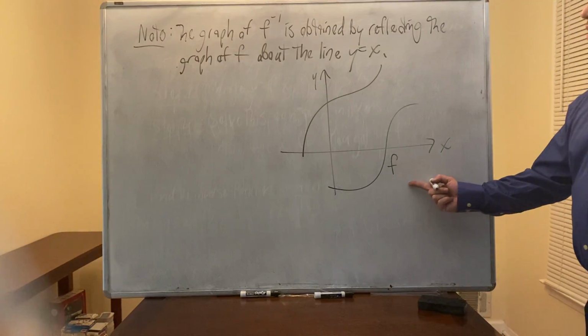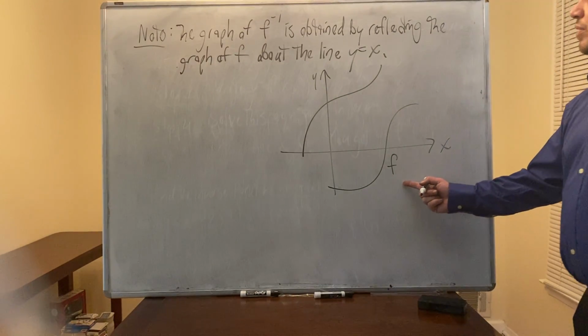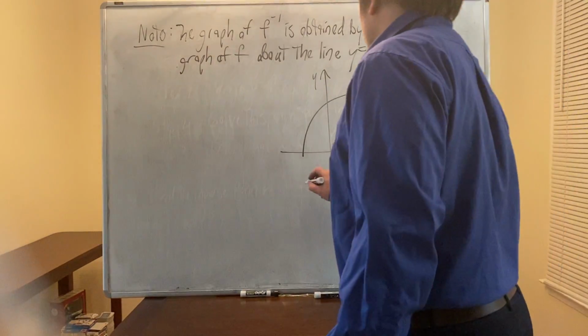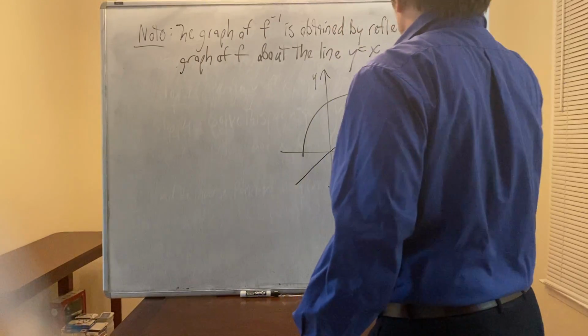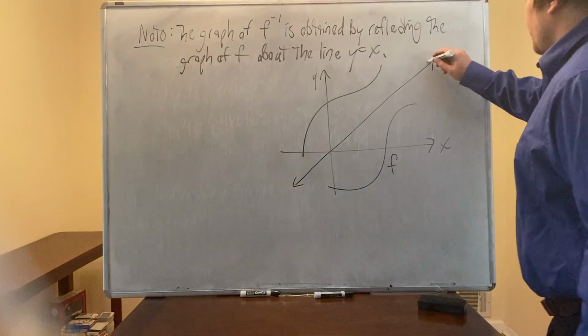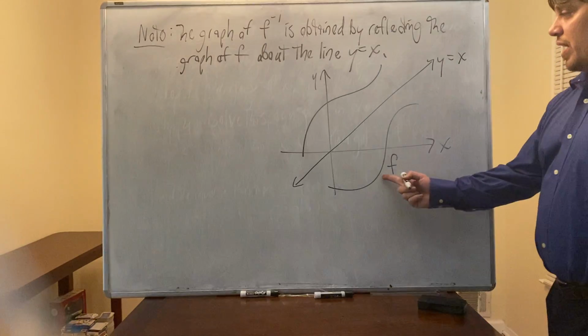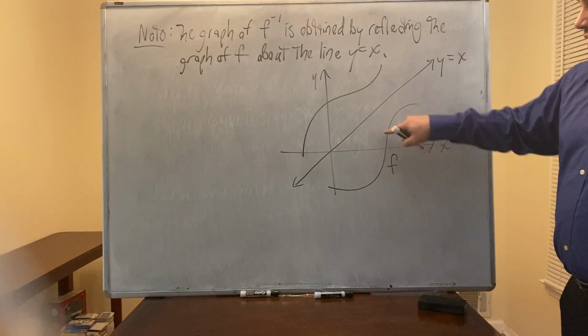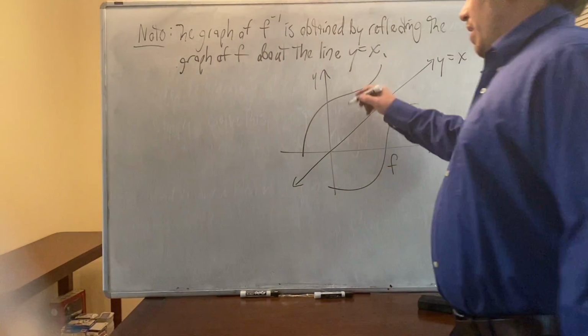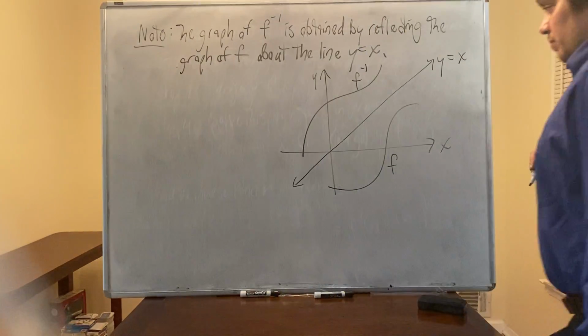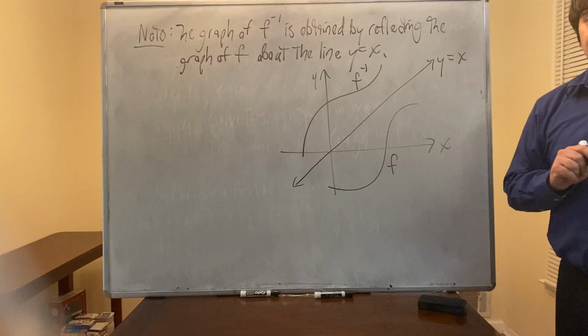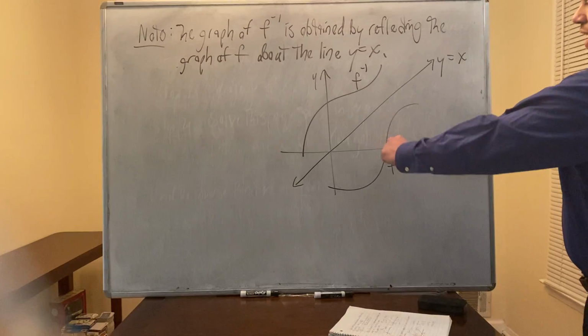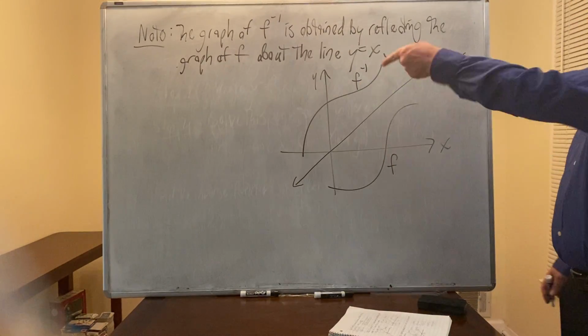And so you can obtain the graph of f inverse by reflecting this graph about the line y equals x. That's the line y equals x. Reflect this about that line, and that's the graph of f inverse. So you can see how that's a reflection of this about that line.